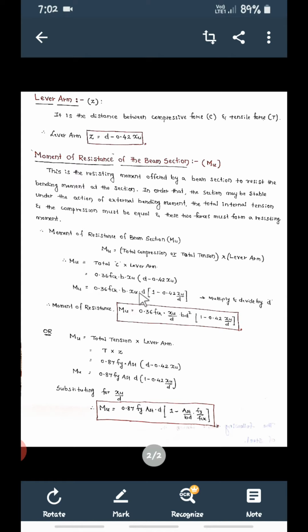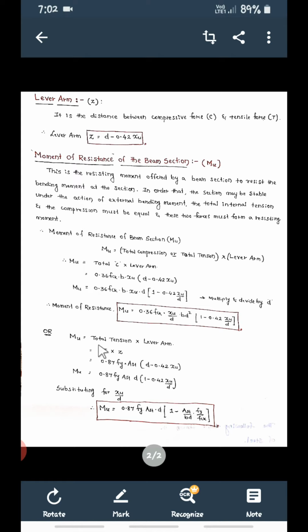Then b into d, again multiplying by d, so that is b d square. Below this is xu by d, and this remains 1 minus 0.42 xu by d. From this you can calculate Mu, that is the moment of resistance given by the beam section.